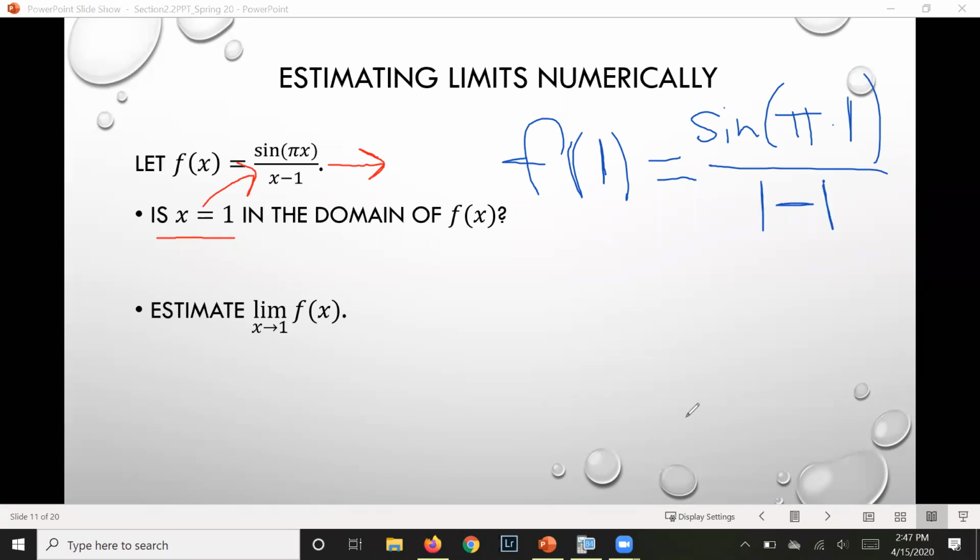And hopefully you see we run into a problem here. Down in the denominator, we'd have 1 minus 1, which gives us 0, and we know we cannot divide by 0. So that tells us that 1 is not in the domain of this function.